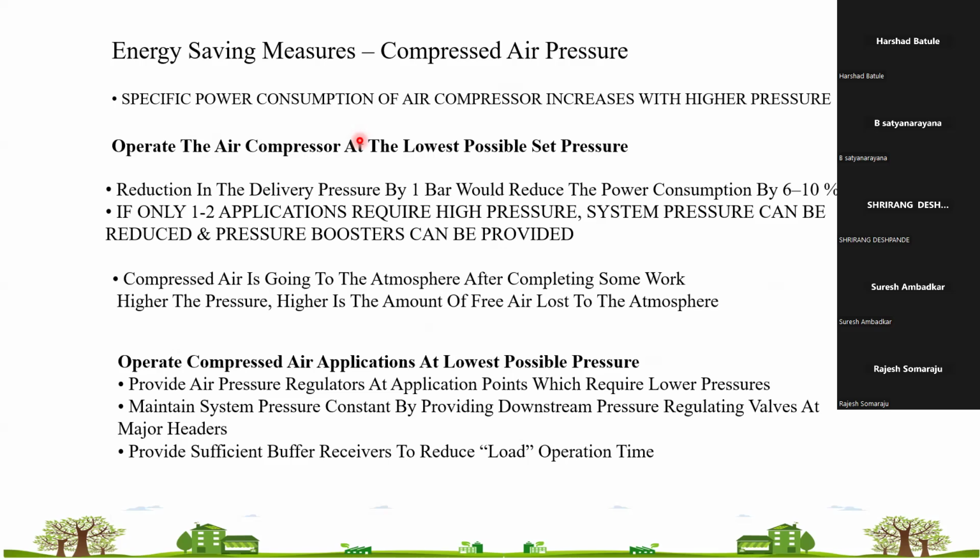But in a water cooled compressor, your entire rejected heat goes to the circulating water, which is passed to a cooling tower or a chiller. But majorly cooling water is given in compressors.